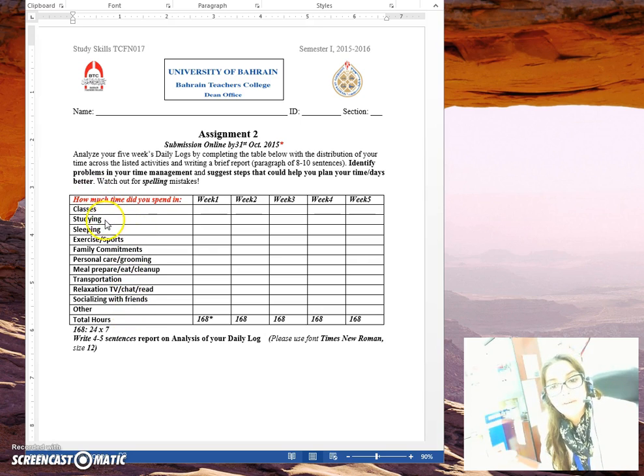Now, what you have to do here is you can see the categories on the left hand side. The categories like classes, studying, sleeping, exercise, family commitments, etc., and the total number of hours. What I mean by classes is, in week 1, the total hours of class time that you had. If you have 3 lectures in a day, you will be having about, let's say, 3 hours and 45 minutes every day, right?